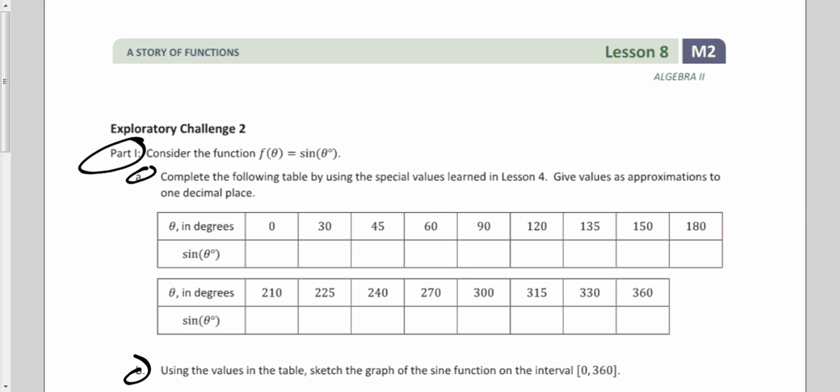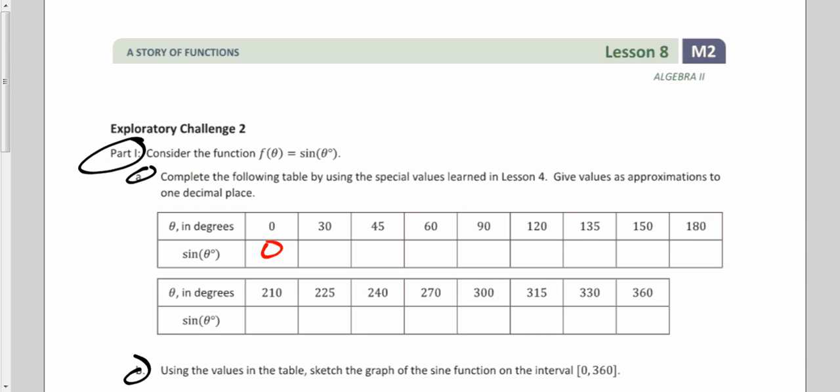All right. Now, we're going to fill in this table right now. And we're going to figure out what the sine of 0 degrees is. Who can tell me what the sine of 0 degrees is? 0. Thank you. You guys are listening. 0.